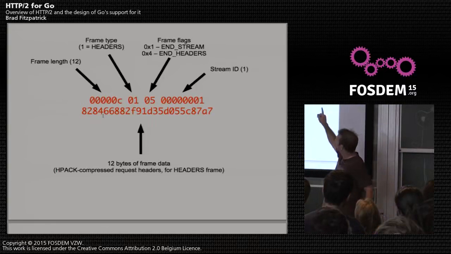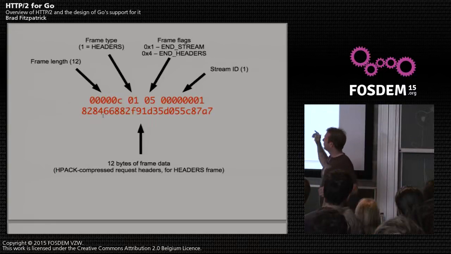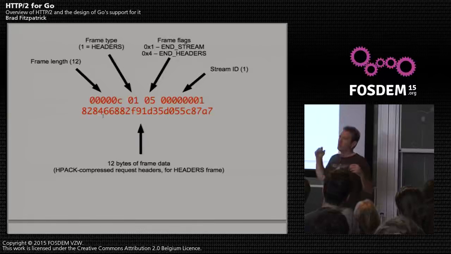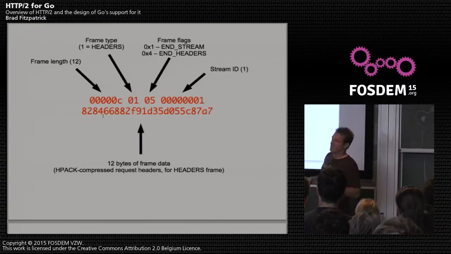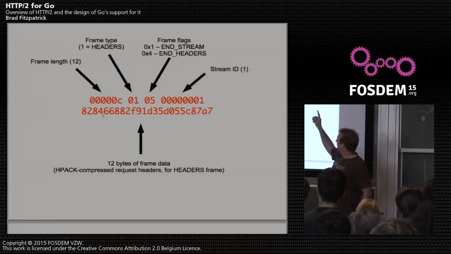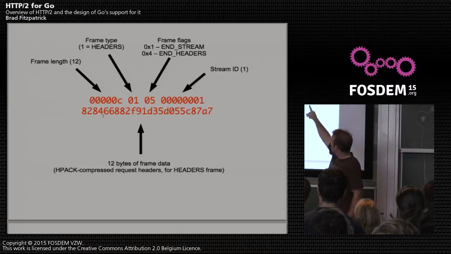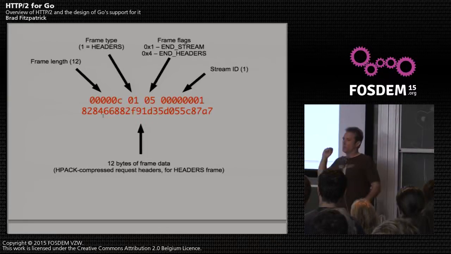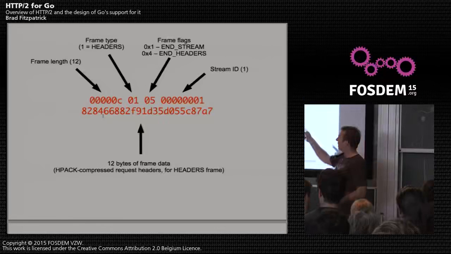And then you have 1 byte of bits that are specific to this frame. So this one says end stream. Basically every HTTP request you make over one of these long-lived TCP connections, which could be days, has a unique stream ID. A headers request starts a new stream, so it has stream ID 1, and the end stream bit says from my side, the client is done sending.